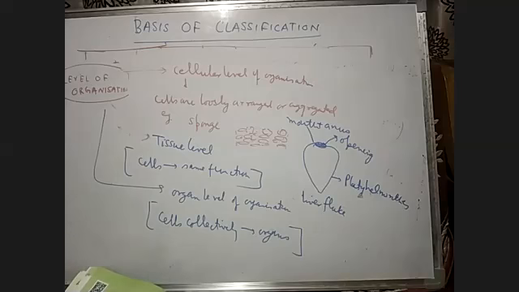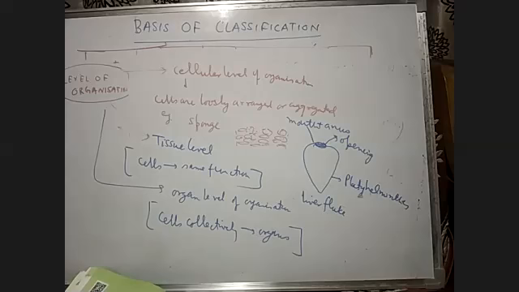If any organ of the digestive system is missing or we cannot differentiate it, then this kind of digestive system is called an incomplete digestive system. This question has come in the NEET exam also. Then a complete digestive system has two openings, right? It has the mouth and also the anus.